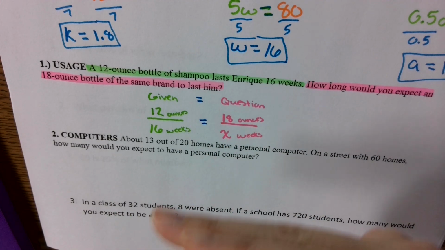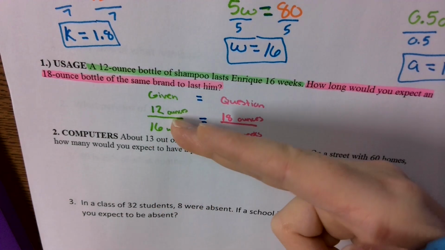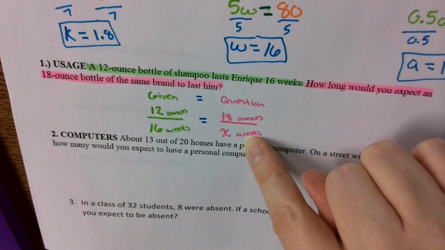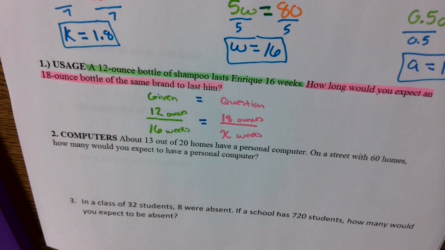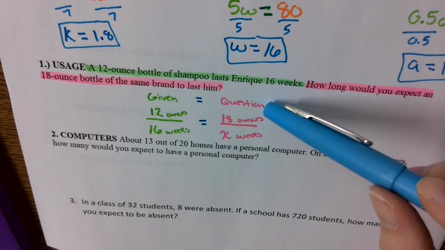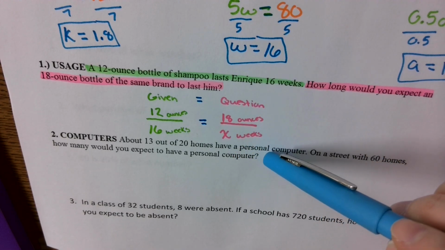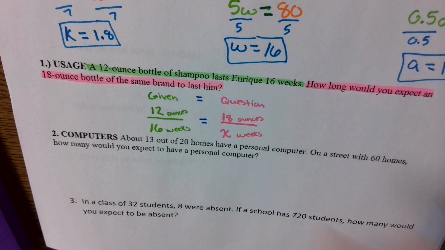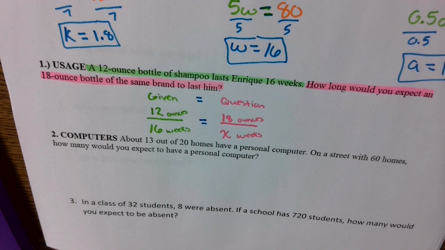Now if I had flipped it, if I had done 16 over 12, then this would have to be x over 18. If I had decided that I wanted to put 16 weeks on top and 12 ounces on the bottom, I would have had to put x weeks on top and 18 ounces on the bottom. All right, now we can go ahead and do our cross product. When we're doing our cross product, again, we're going to multiply our diagonals.